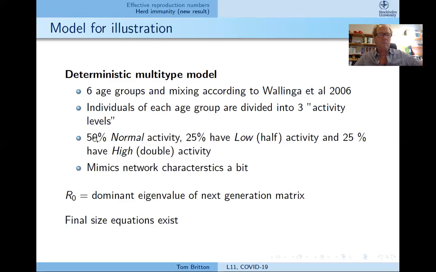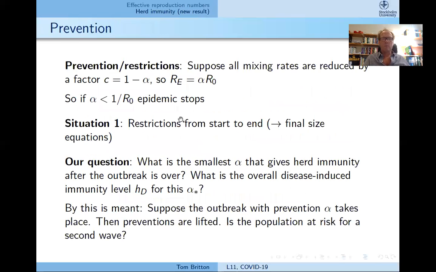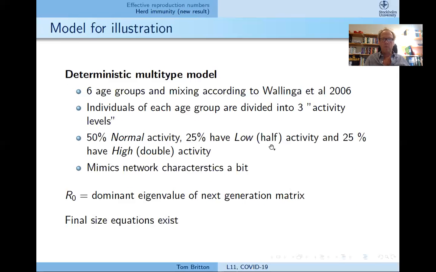We assume that 50% belong to this group, and 25% are slightly less social, and for them we assume that the activity level was half of the normal one. And then we had a high activity group, and that group consisted of 25% of the community, and their activity, the rate of contact, was twice as big.